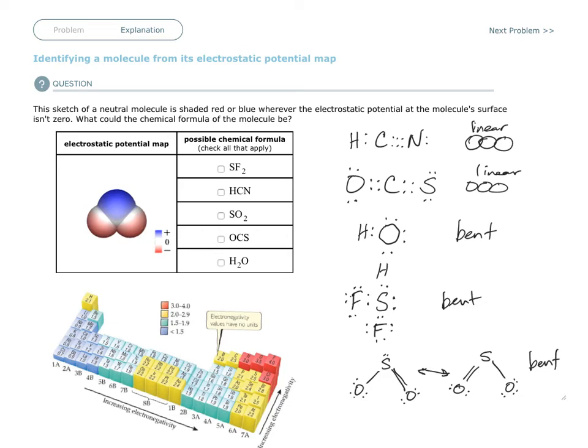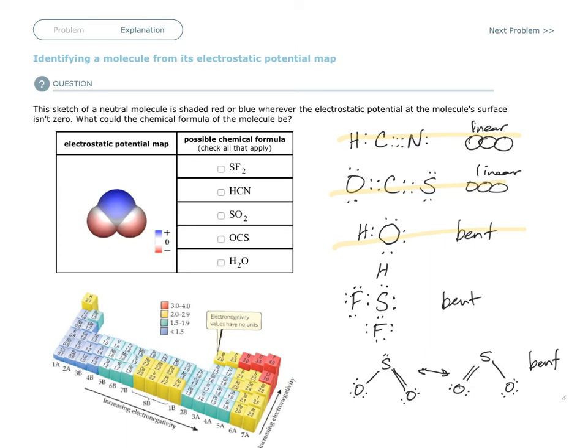So I've already seen that that cannot be one. What about the other ones? Is it possible to have the other ones? Sulfur is going to be blue, and the fluorines are going to be red.